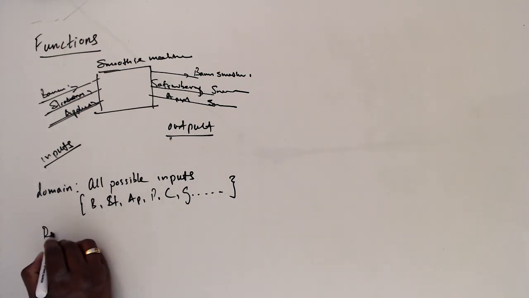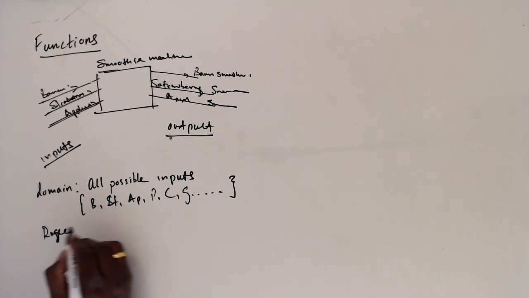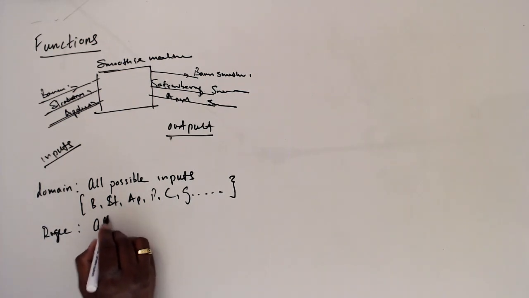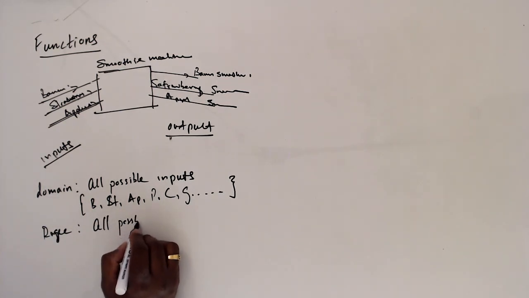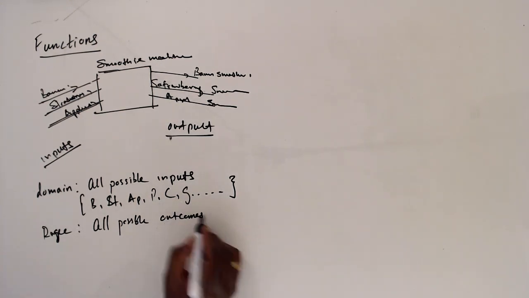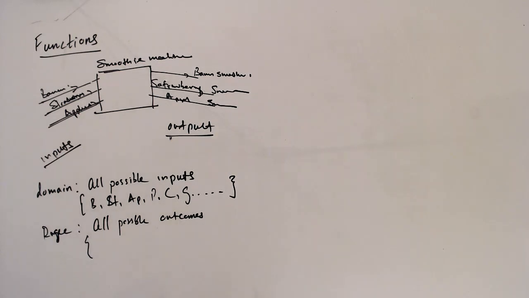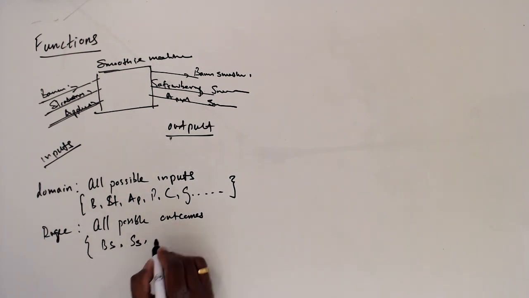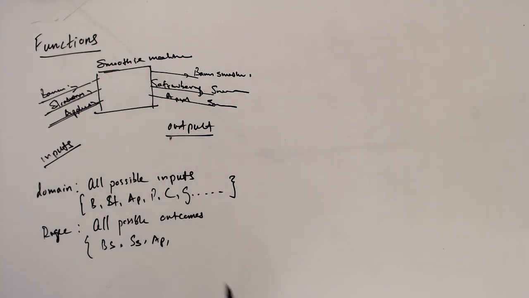And the range. Range is all possible outcomes. So what are all the possible outcomes? Banana smoothie, strawberry smoothie, apple smoothie, and all the smoothies.